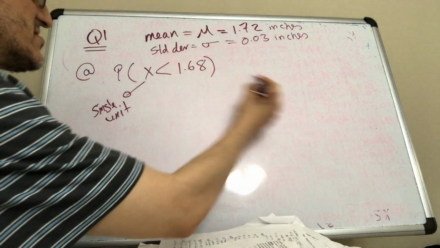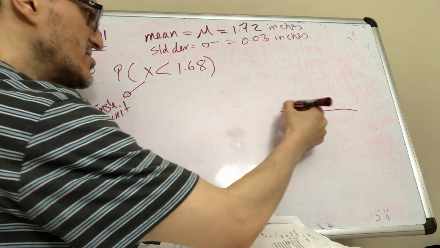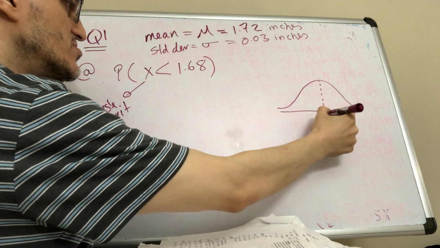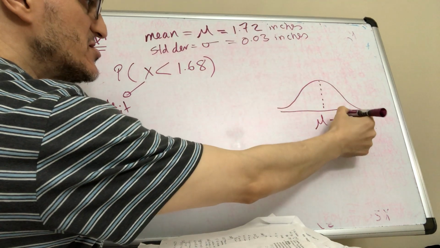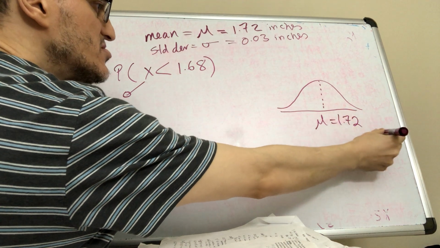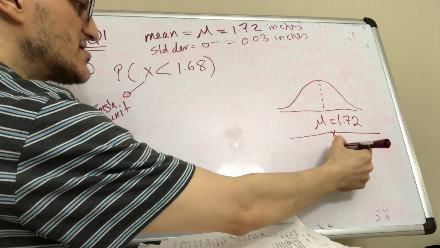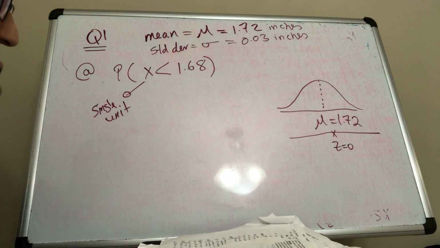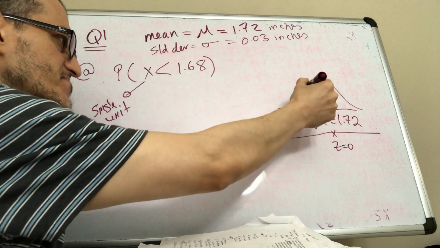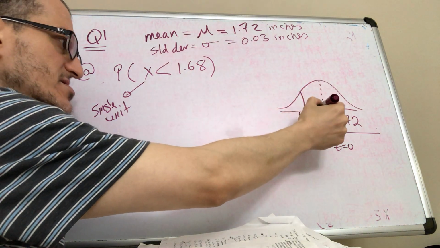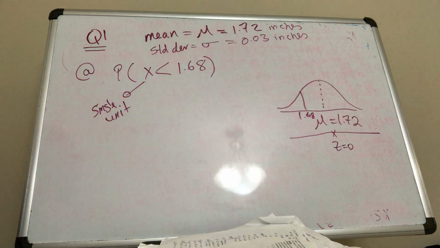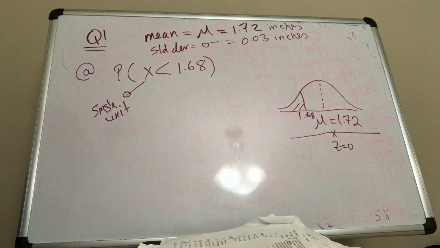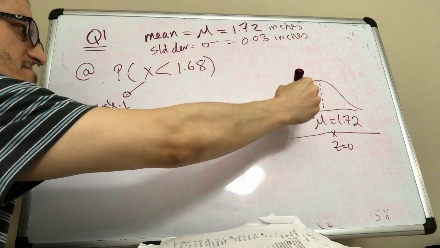Okay, single unit, so we start with drawing the curve. The middle point is mu, and according to the question, 172 is always at the z 0. The middle is always at the z 0. 168 would be a number here, and less would be this part of the curve.